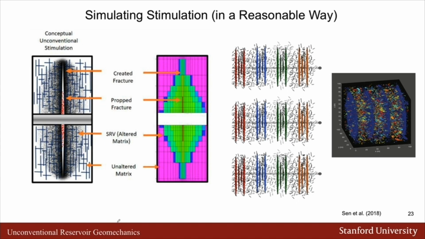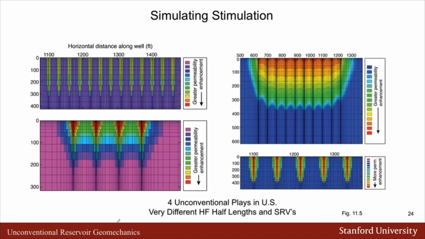Okay, and so really their view and my view is quite similar. There's the hydraulic fracture and then this zone surrounding the hydraulic fracture of enhanced permeability. Now, the reason they were doing these simulations is they were trying, and these are 4 different unconventional plays, and in their paper they not only illustrate what they decided on, but they're looking at different combinations of models that were tried and sometimes abandoned.